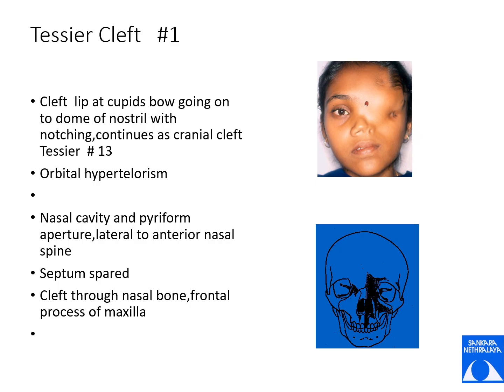Tessier cleft number 1: cleft lip at Cupid's bow, going on to the dome of the nostril with notching, continues as the cranial cleft, Tessier number 13. There is orbital hypertelorism, nasal cavity and pyriform aperture lateral to the anterior nasal spine. Septum is paired, with a cleft through the nasal bone and frontal process of maxilla.